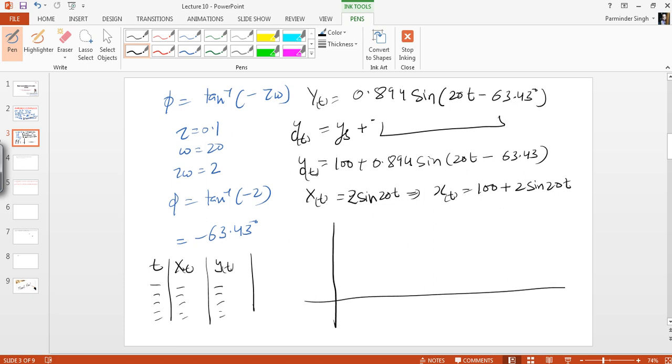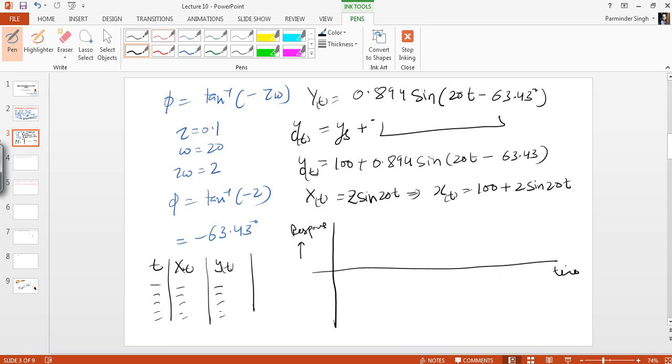Let me put it somewhere in the middle, because we know it is sinusoidal. Let's say this is time, and we have the response on the y-axis.